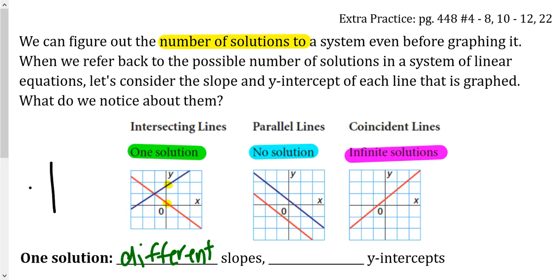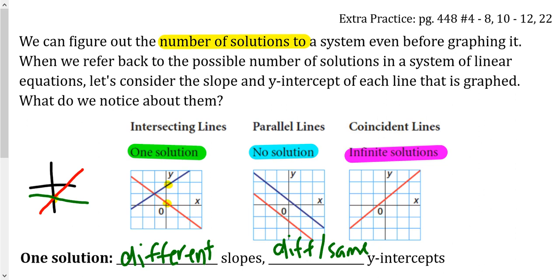But I could look at a graph that maybe looks something like this, where they have different slopes. They intersect once, but that intersection point happens to be their y-intercept. So they can either have different or the same y-intercepts. Either case, as soon as they have different slopes, these 2 lines can only meet once.